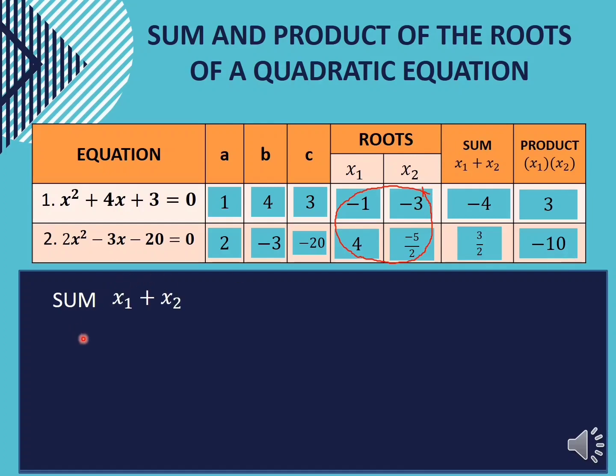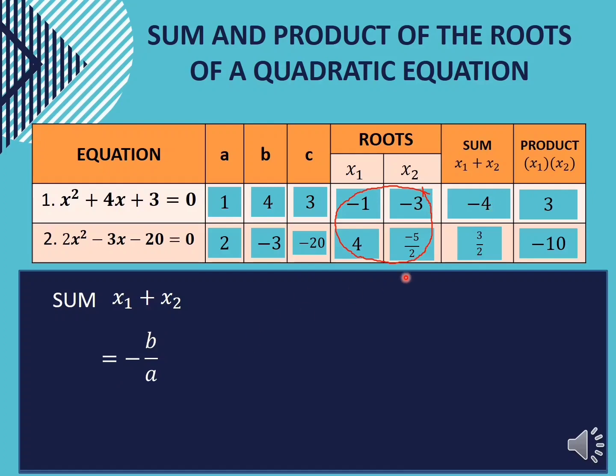In getting the sum, x sub 1 plus x sub 2, may formula tayo: negative b over a, or yung b, dinidivide natin kay a, and then multiply by a negative. Kasi tingnan nyo, negative 4, 4 divided by 1, that is 4, at minultiply by a negative. Okay?